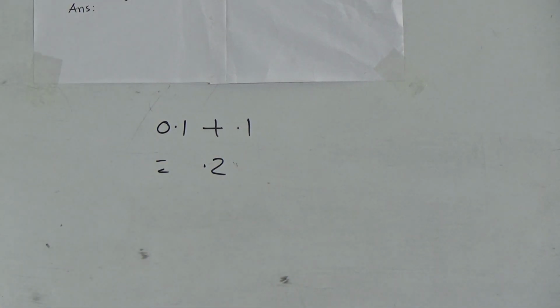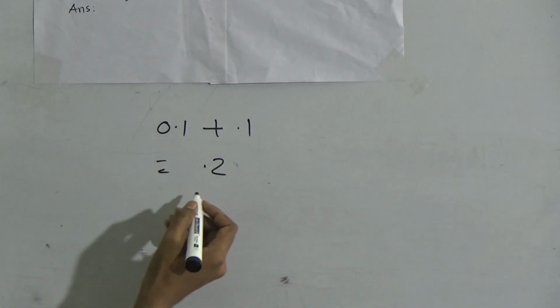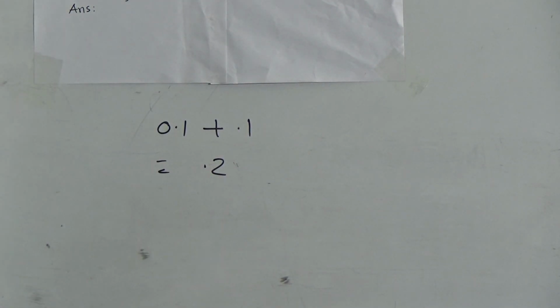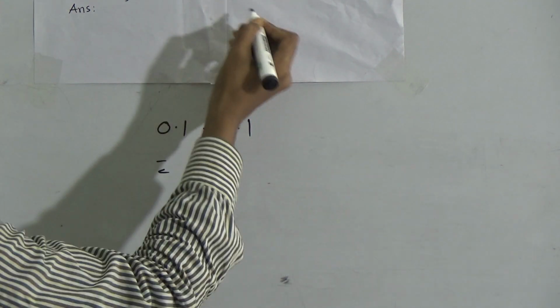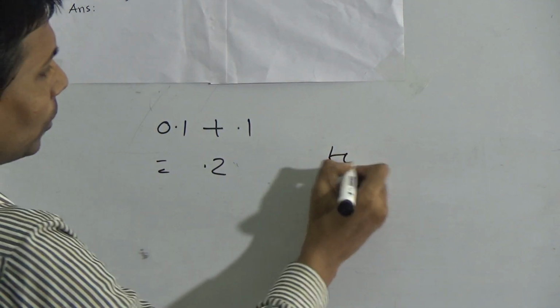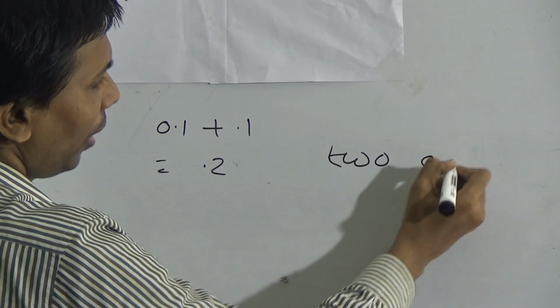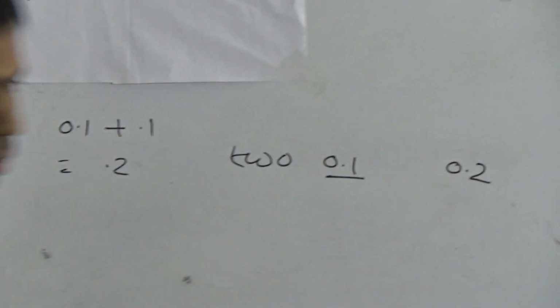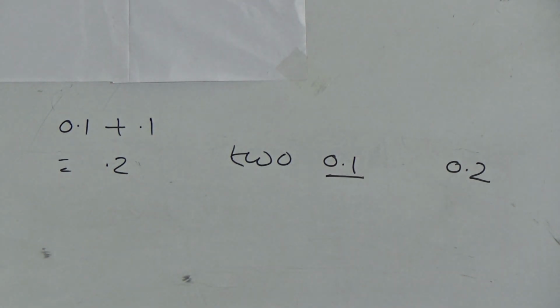That means we can say that 2 0.1s make 0.2. Okay. Now you have to write the answer.